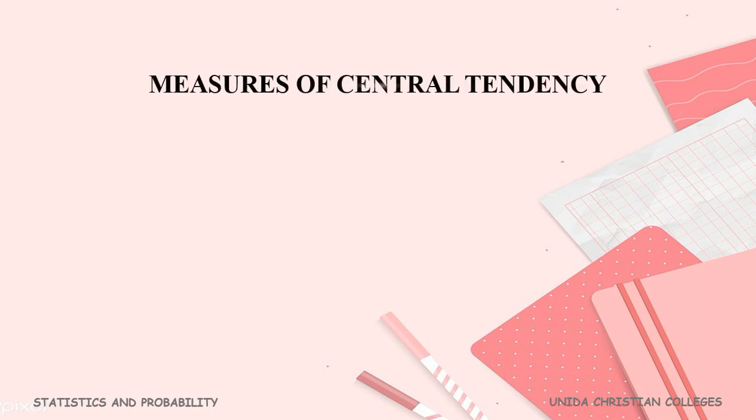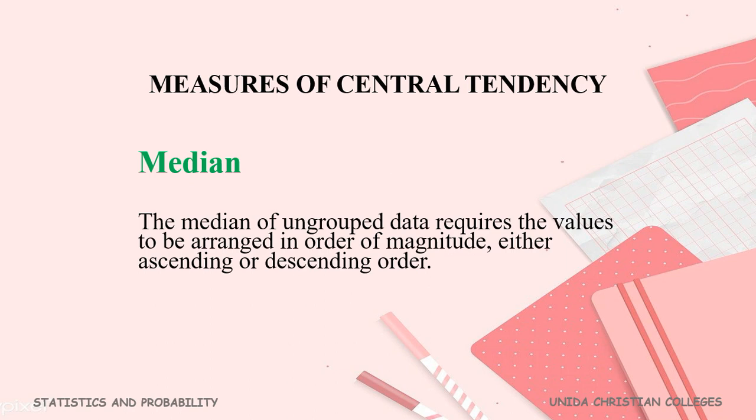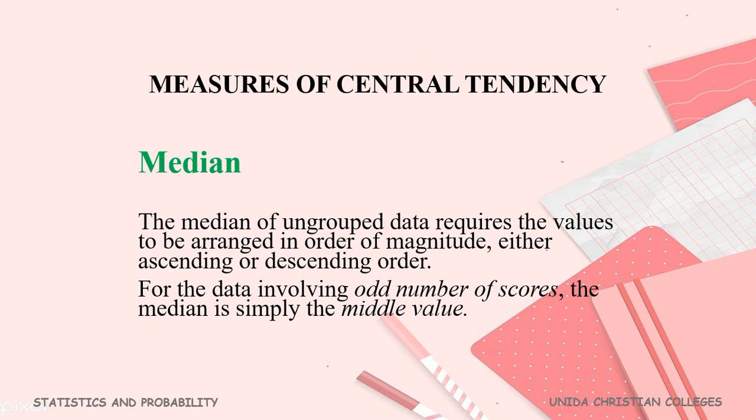Tandaan yung formula ha, N plus 1 divided by 2. Okay. Next, the median of ungrouped data requires the values to be arranged in order of magnitude, either ascending or in descending order. So, for the data involving an odd number of values, the median is simply the middle value. Ano ba pag sinabing odd number?